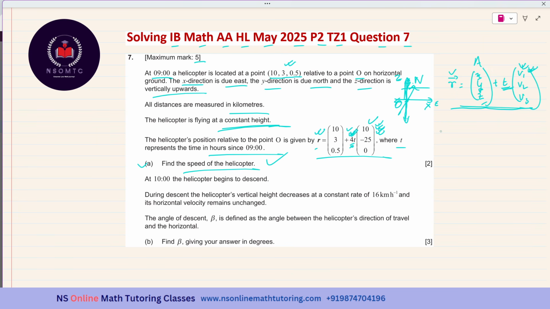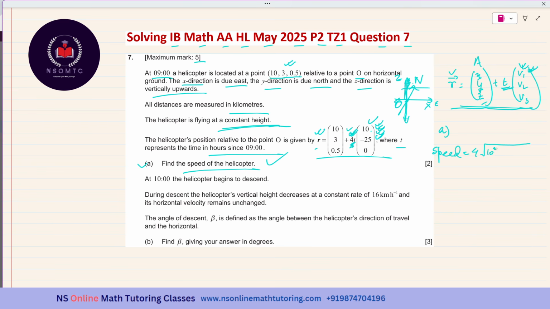So we can just write, speed of the helicopter will be equal to, I can keep the 4 as it is, because 4 times 10 is 40, 4 times negative 25 is negative 100 and 4 times 0 is 0. You can take the velocity vector as (40, -100, 0), or else you can just get the magnitude of this part and multiply by 4. So let us do that. I'm not multiplying 4 with these two, I'm just getting the magnitude of this part.